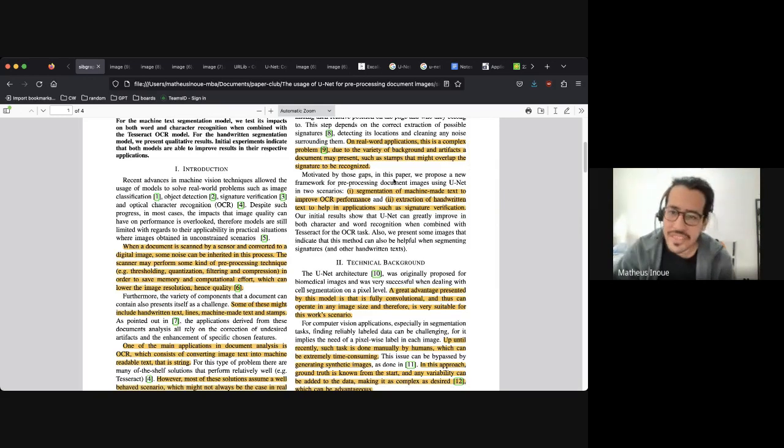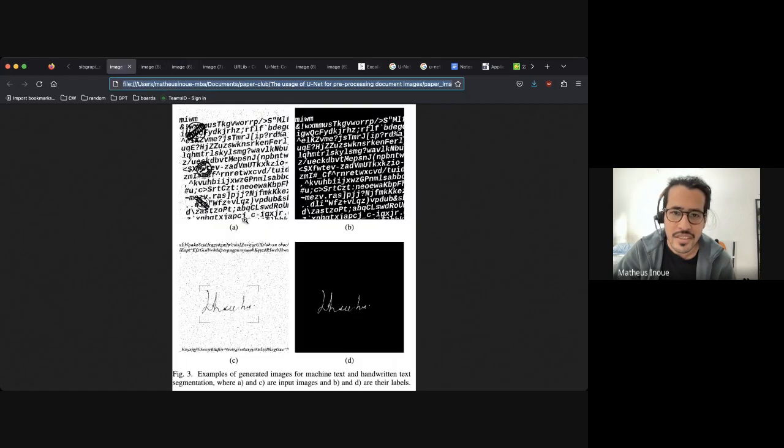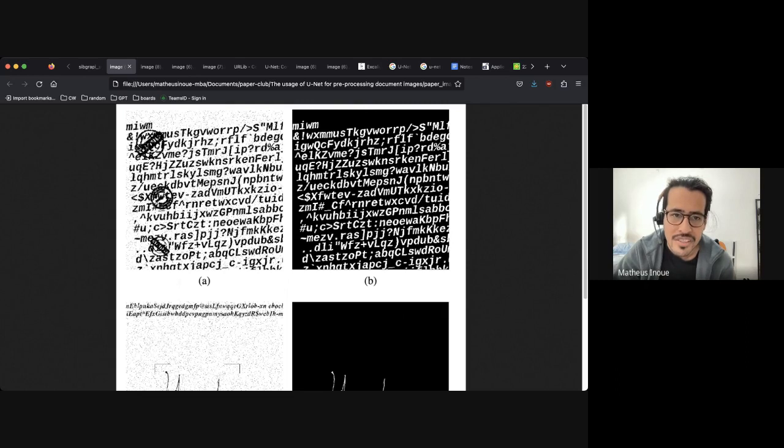So motivated by these gaps, they propose using UNet in two scenarios. The first scenario is the segmentation of image-based text to improve OCR. So basically, we have an image that they created with some noise and some stamps here, and they want to just have the text of the image and then use this text to feed the OCR.